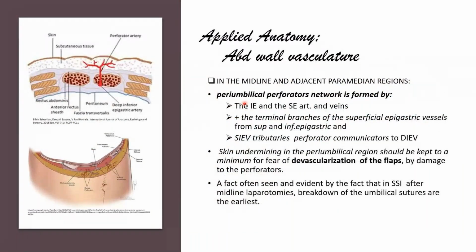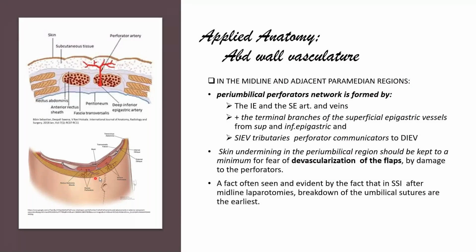In the midline, adjacent to the paramedian region, the periumbilical perforator network is very, very important. And that is why I see this periumbilical perforator. Now, if I make an incision here, this is a midline incision. And when I make a midline incision, when I close, I try to mobilize the skin flaps. Now, suppose I'm going to mobilize the skin flaps from here to here, what am I going to do?